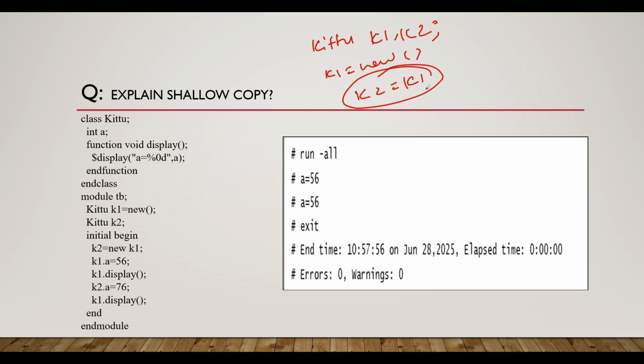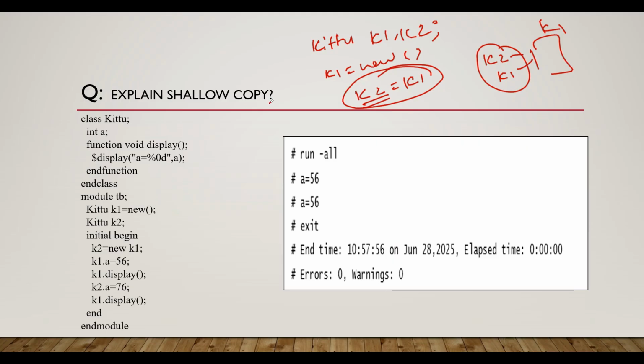In that case, you are not creating a separate copy for k2. You are just pointing k2 and k1 to the k1 memory. Okay, so if you make any changes in any of these objects, or you can say handles, it will get reflected in both of these. So you are not creating a separate copy.